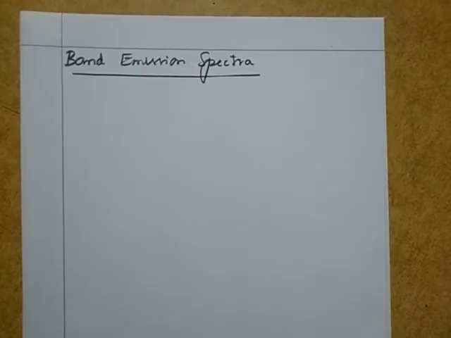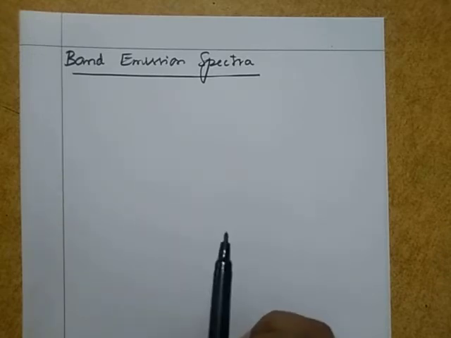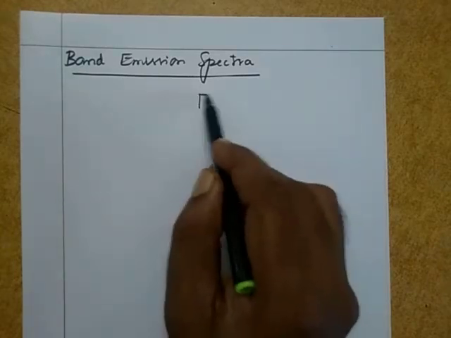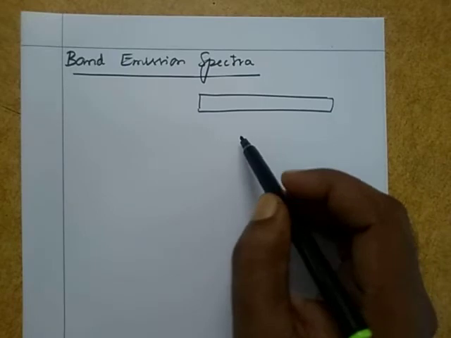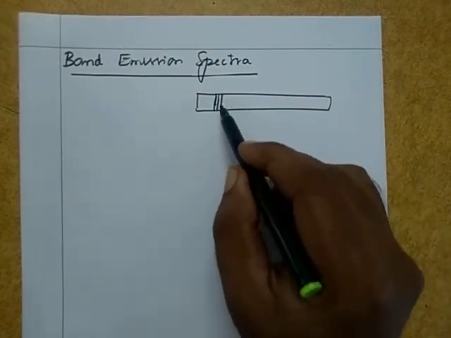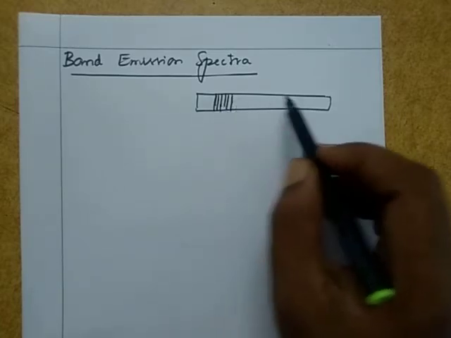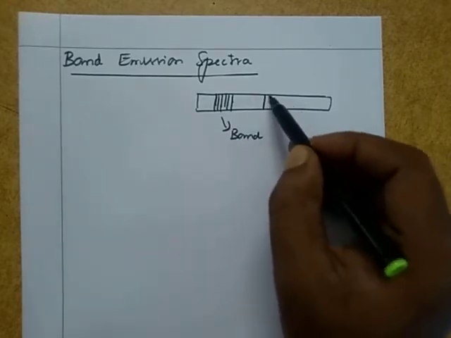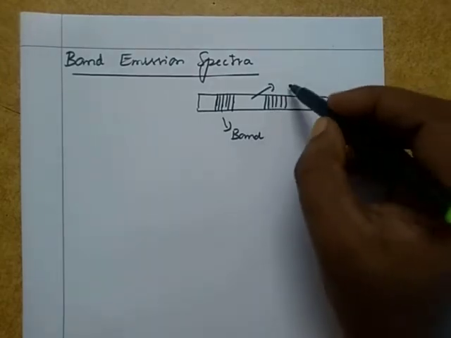Here the spectrum consists of several very closely spaced spectral lines that overlap together, forming a band. These bands are separated by dark space.